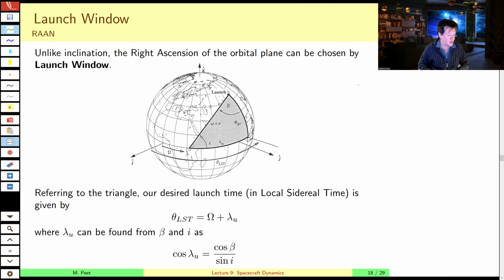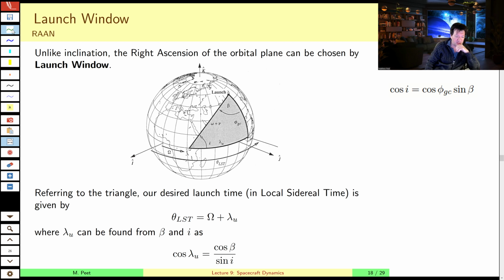Okay. So once you've fixed your inclination using this formula over here, we can do the easier part of this task, which is now to determine launch geometry corresponding to an acceptable right ascension of the ascending node. In this case, we have to be a little bit careful to make sure that we're going in the right direction and not heading towards the descending node, which would make things a little bit more complicated.